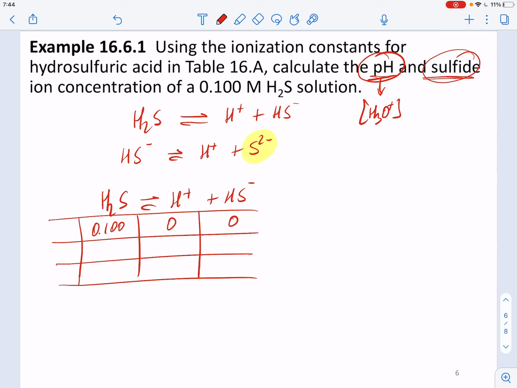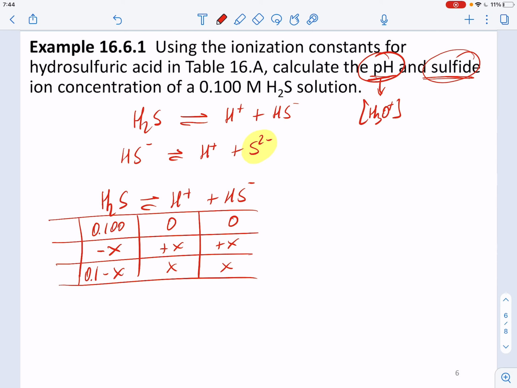The good thing about acid-base equilibria is that the stoichiometry is always 1-to-1, so the change for the acid is going to be negative, so we call that minus x. It's going to be plus x here, and plus x here, right? So for the hydrosulfuric acid, the final concentration is going to be 0.1 minus x. Here it's going to be x, and here x, all right?